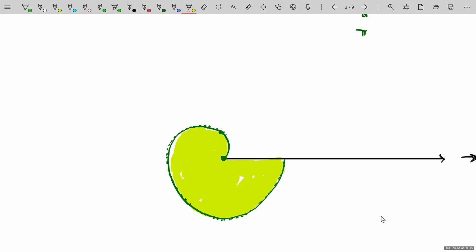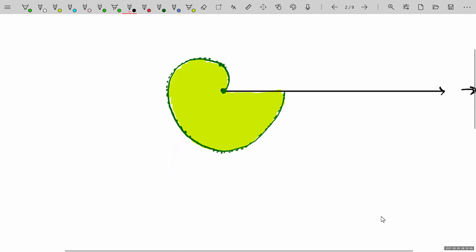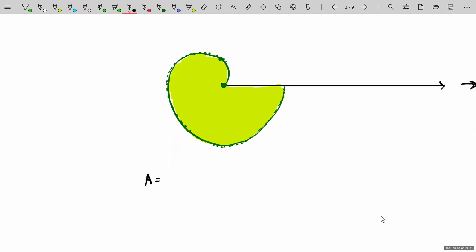So let's go ahead and compute it. Computing the area here is super nice, because the area is just the integral from theta equals 0, where we started, to theta equals 2 pi, where we ended, of 1/2 r squared d theta. What was r, though?